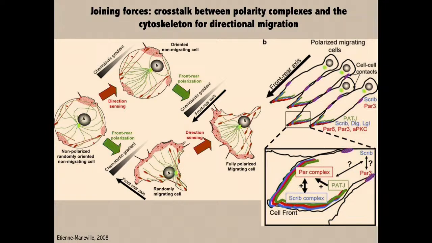So there's symmetry breaking from something that was not polarized to something that becomes very, very polarized, as you will see from the polarized distribution of a whole host of proteins. That also helps generate the force asymmetry between the front edge and the trailing edge.